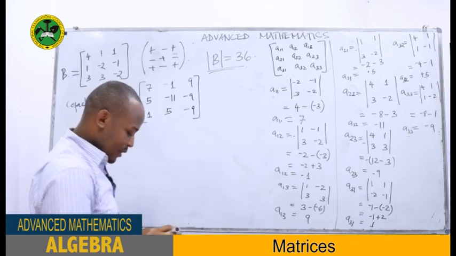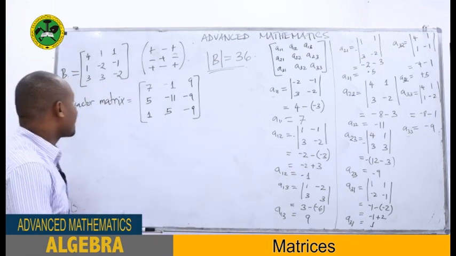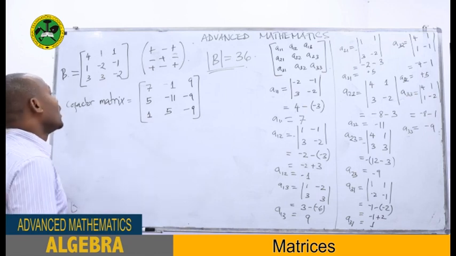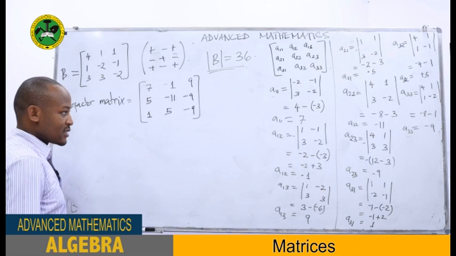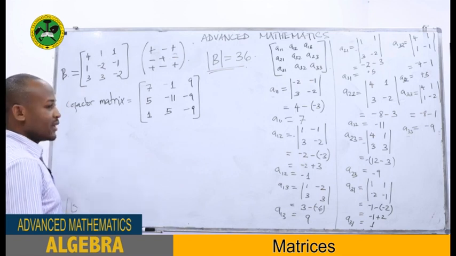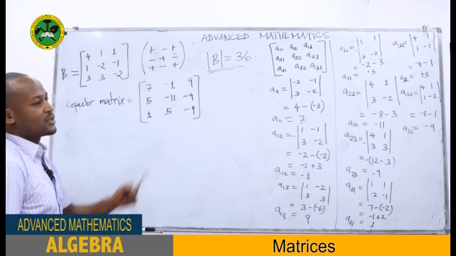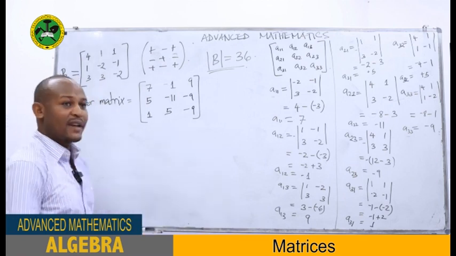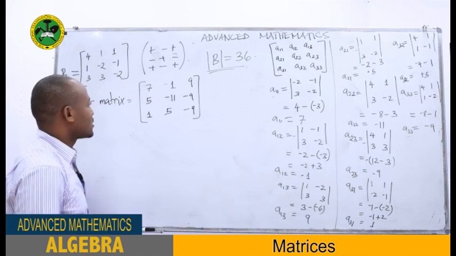-9. And the next step, after you have already found the matrix of the cofactors, is to find the adjoint matrix. The adjoint matrix is the transpose of this matrix. When we say transpose, we mean the columns become the rows and the rows become the columns.